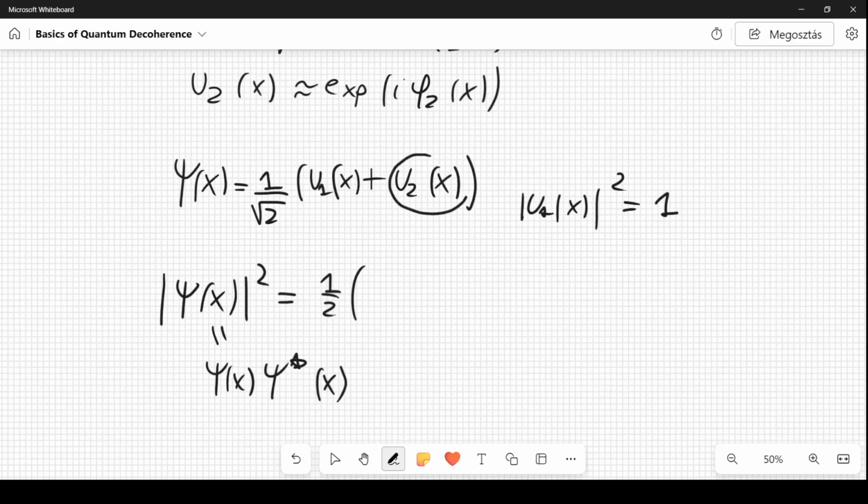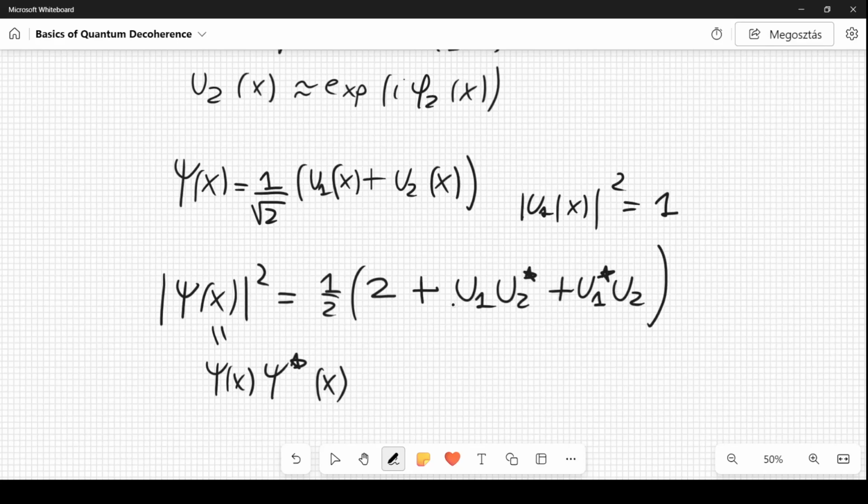Similarly, we have the modulus squared of u2, which is 1, so we have 1 plus 1 equals 2, but we also have terms of the kind u1 times u2 star, and then we have its complex conjugate, therefore u1 star u2. Well, if you take these two together, you get twice the real part of u1 times u2 star.